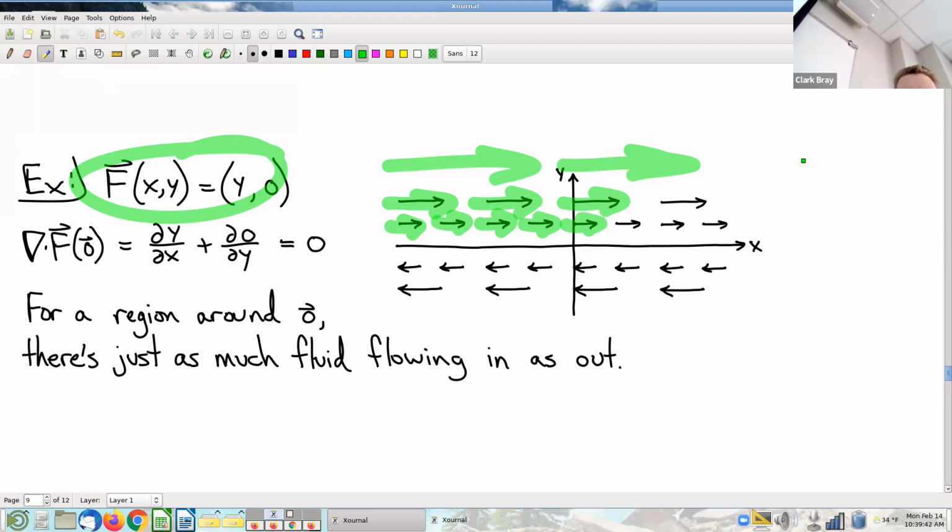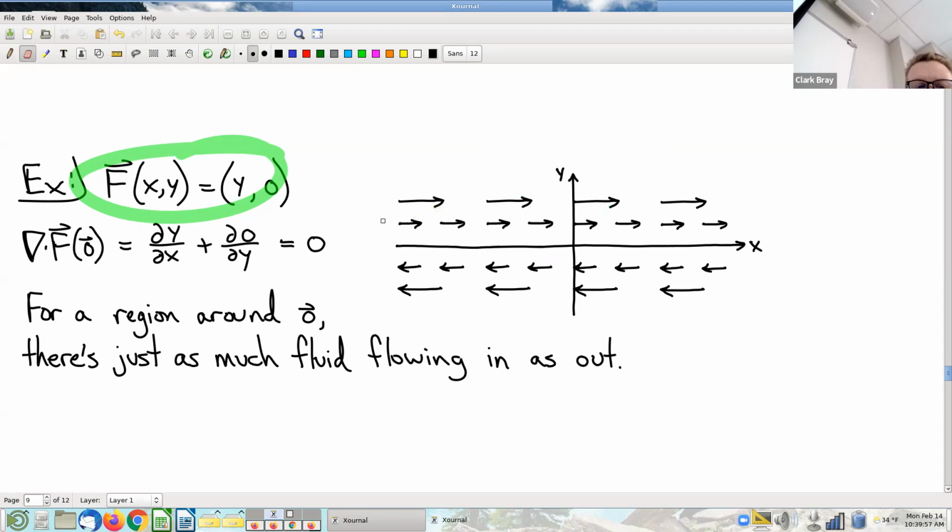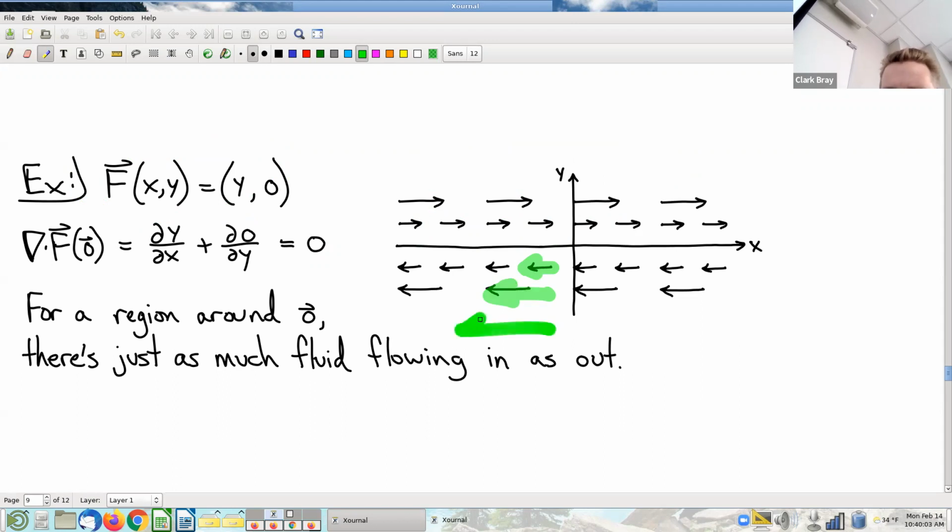Going always toward the right, but the higher you are, the faster you're going to the right. Does that make sense to everybody? It's kind of a weird vector field, but there it is. But then, of course, as you go lower, continuing the pattern, it's going to the left. So anyway, that's just what this formula does.